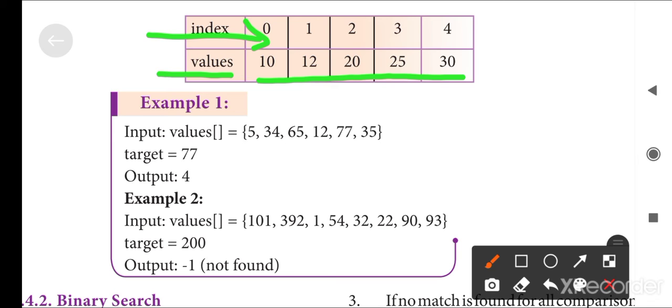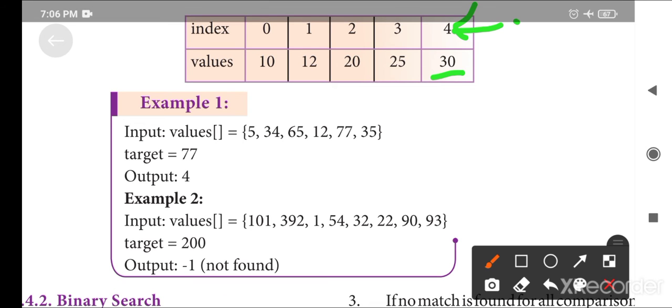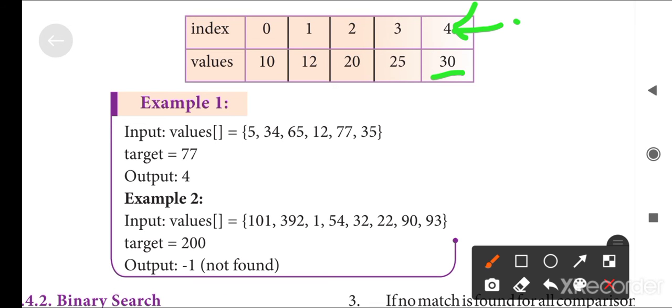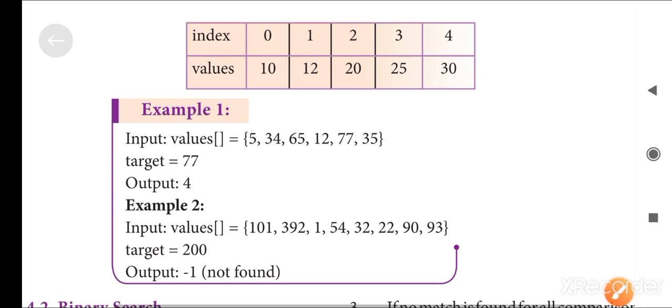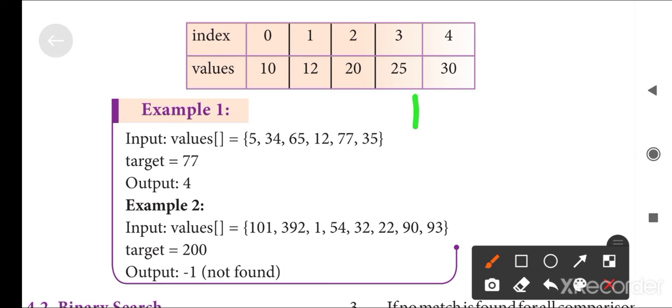If we want the element 30, the index value to be returned is 4. If the wanted element is 25, the index value returned is 3.